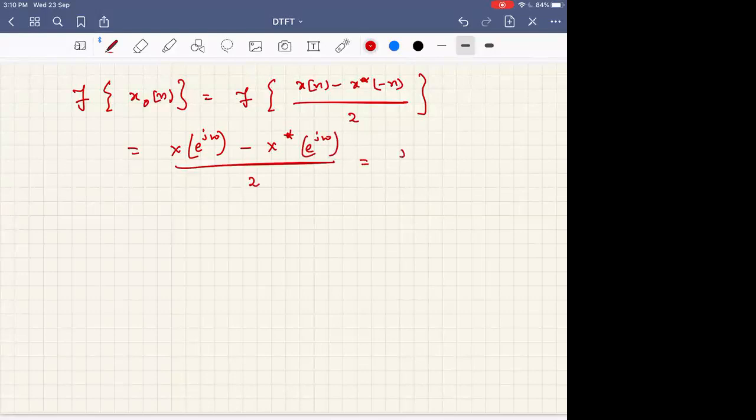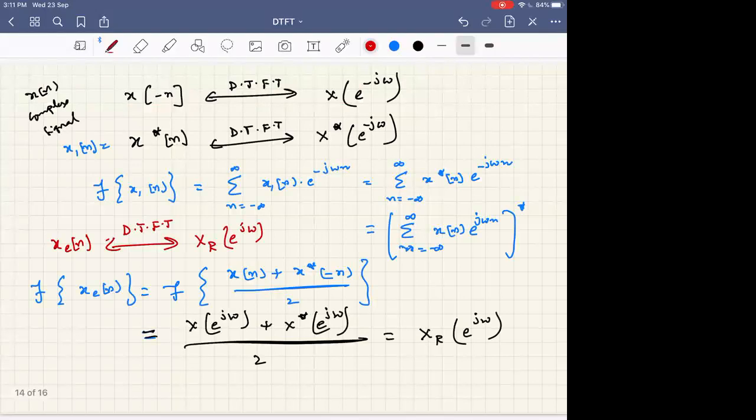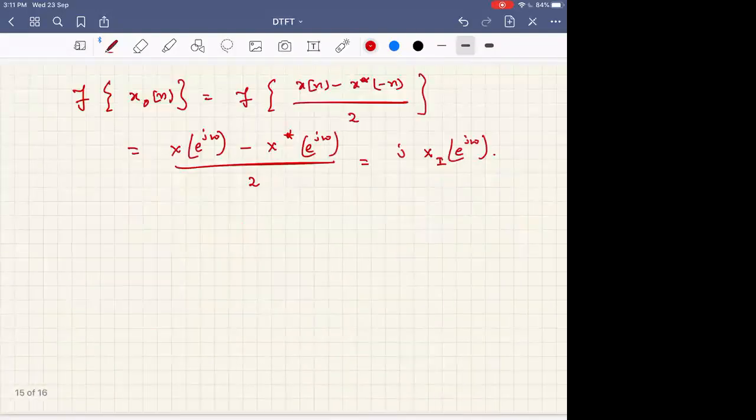And this will be j times x imaginary part of e power j omega. Correct? Hope this is clear. This kind of derivation, you need not even explicitly go into first principles or definitions. If you know these small identities, then you can easily do this. In fact, these all can be quite easily and comfortably derived by yourself. Once you should understand and solve it.